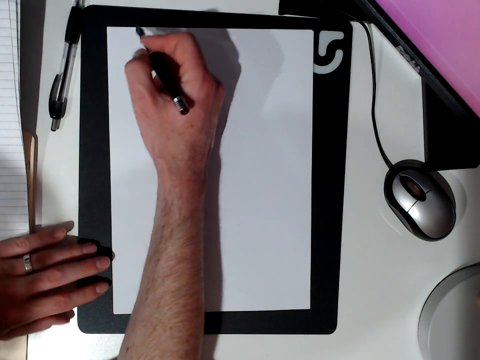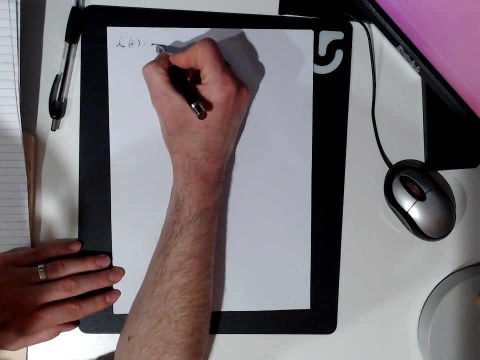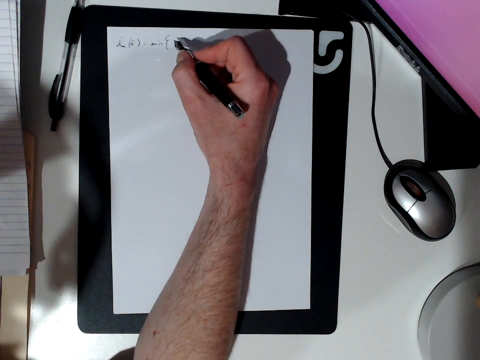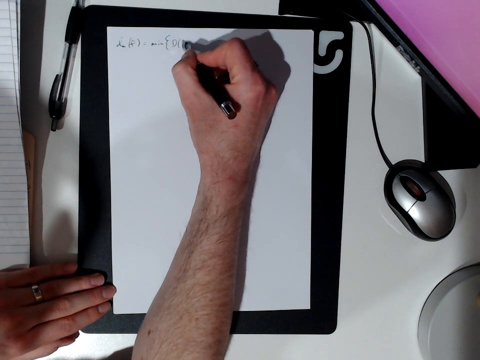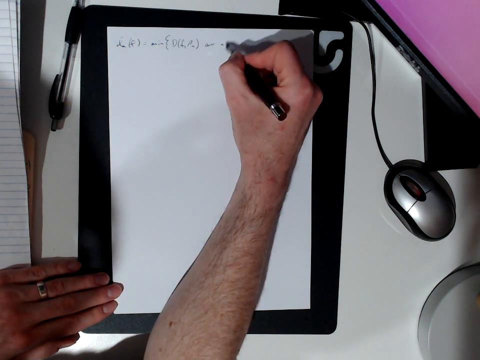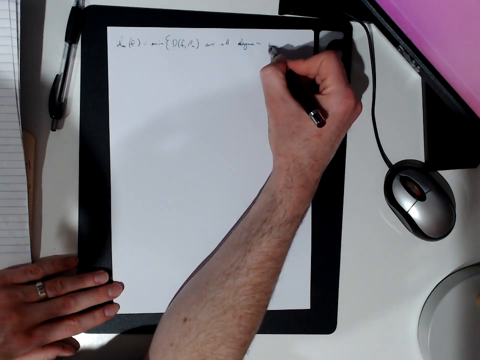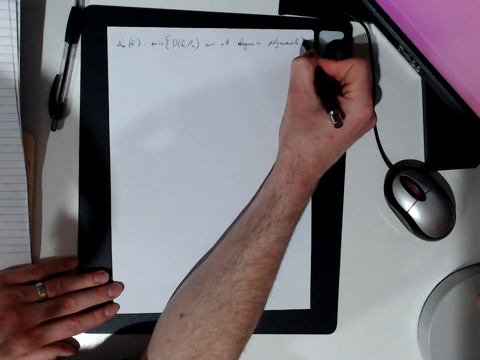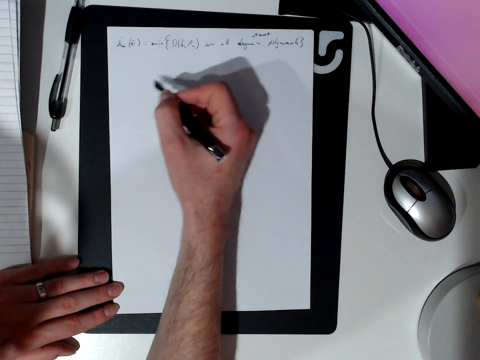Right, now with that definition we can define dn of f. So this is the minimum of the minimum of d_f(pn) over all degree at most n polynomials.